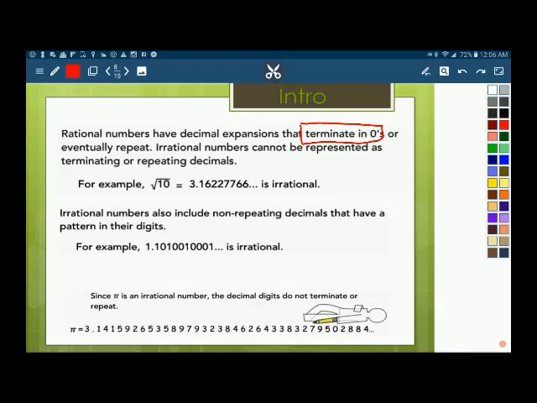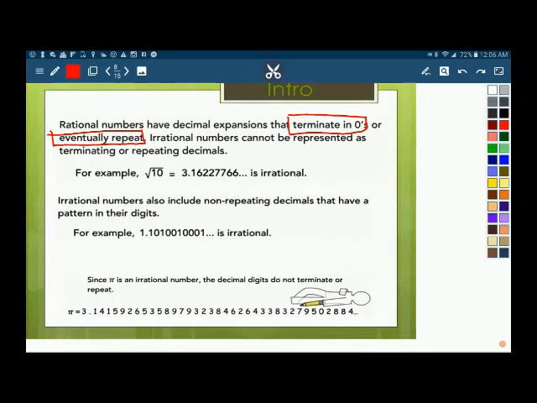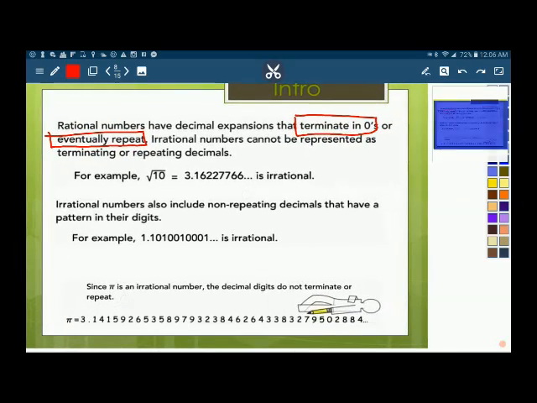We talked about that, the terminating decimal, or eventually repeat. Those are rational. Okay, we have to be able to memorize that rational decimals, we can identify if they are rational, if they terminate, if they repeat. That is rational. Irrational numbers cannot be represented as terminating or repeating decimals.